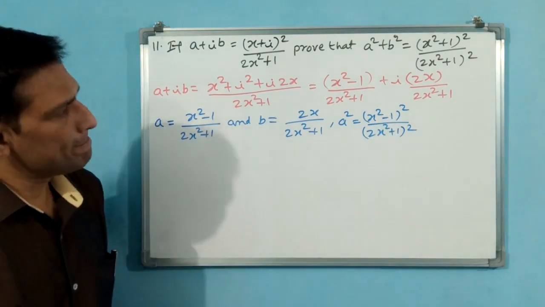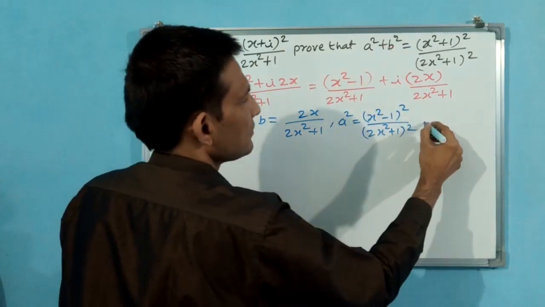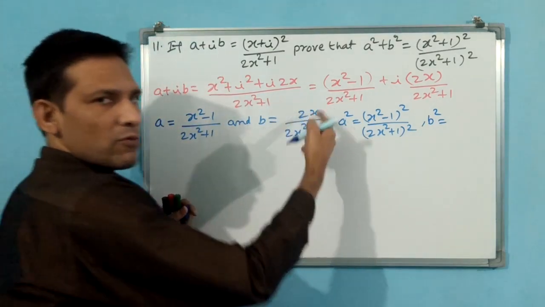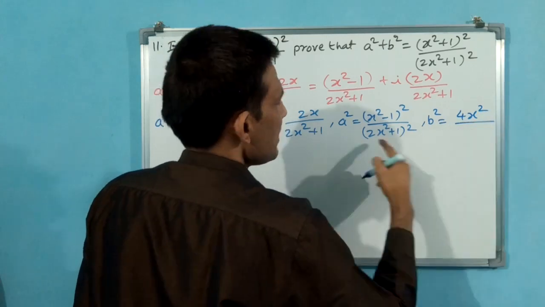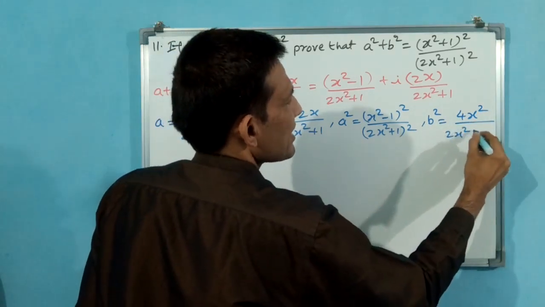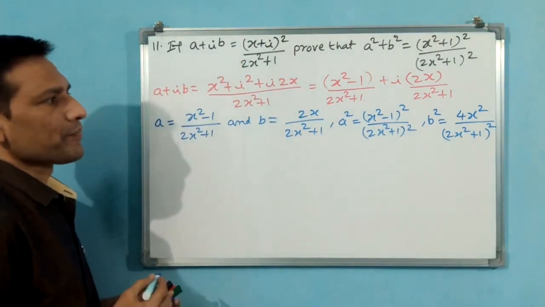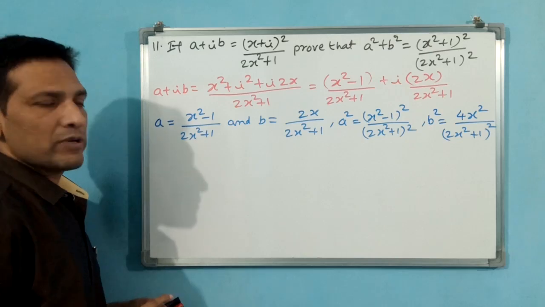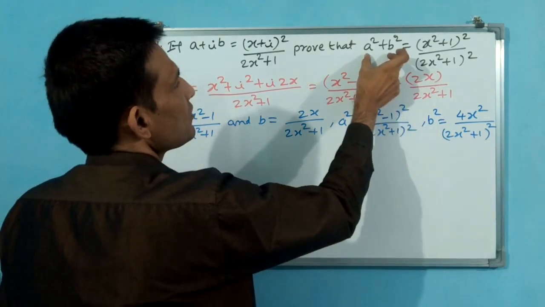Okay? Okay, this is the case of a square, but we want b square also. b square is equal to, see, numerator directly 4x square you can write, divided by the same denominator. Is it okay? b square is equal to 4x square by 2x square plus 1 whole square. Okay, now you add these two. Why? Because you want this one, prove.